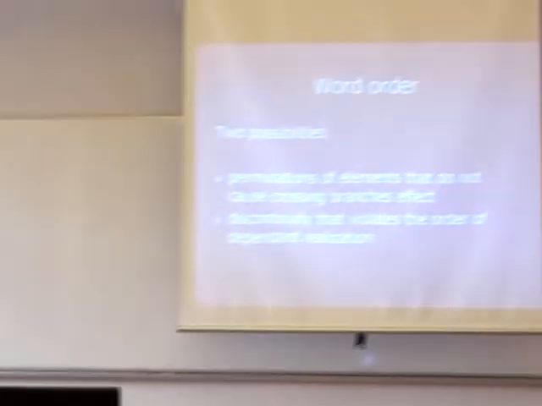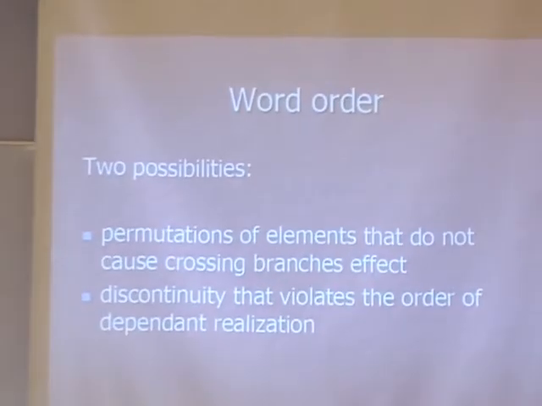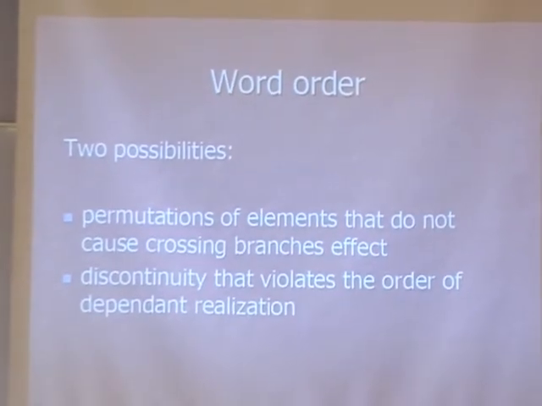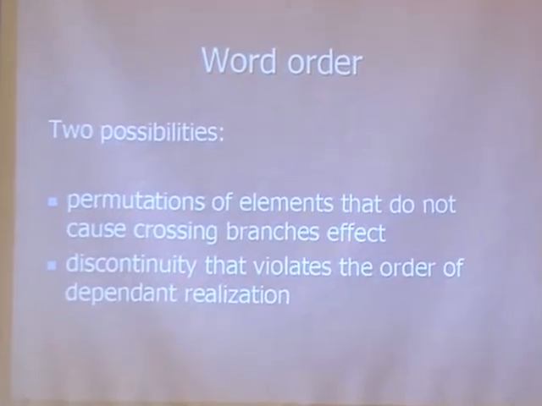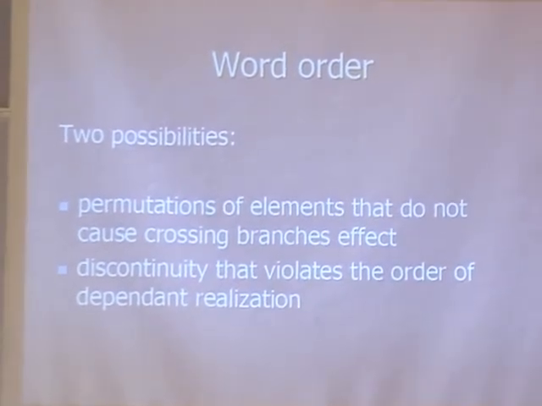The word order. So we have two possibilities in Bulgarian. We could do some permutations of the same sentence, and they do not cause the crossing branches effect. So our analysis goes smoothly in the way our scheme wants.